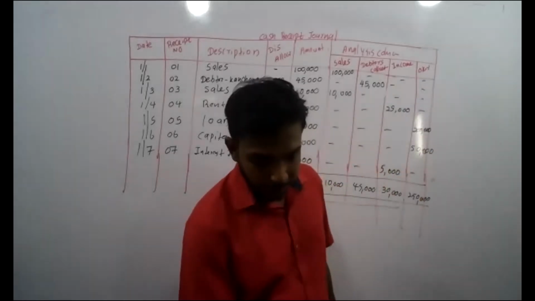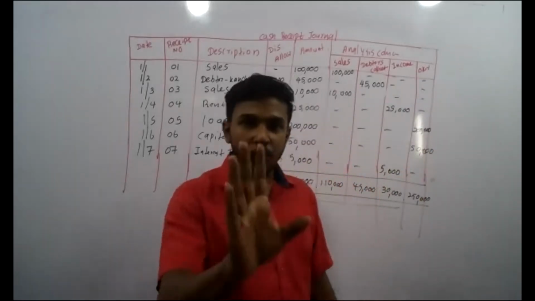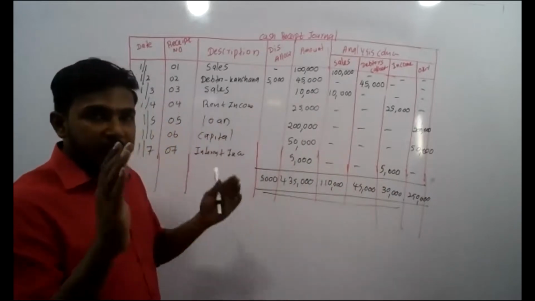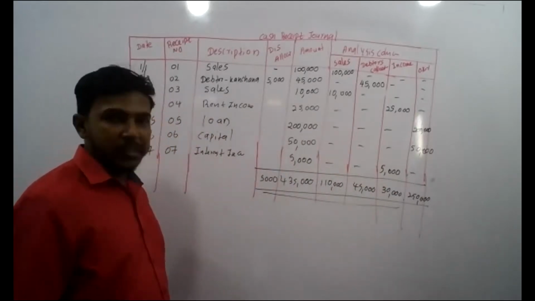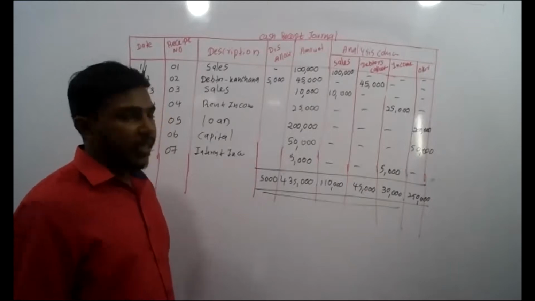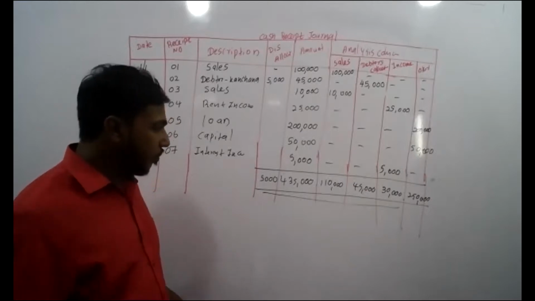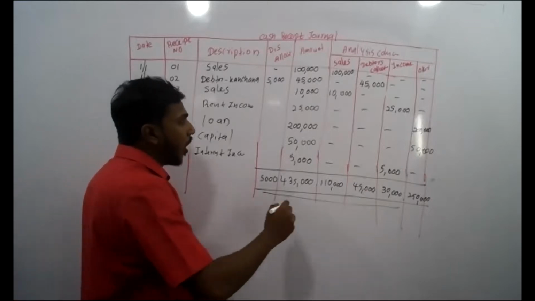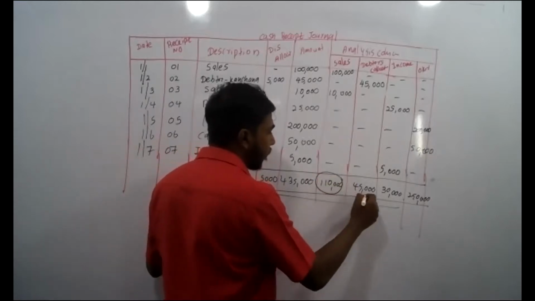That's right. So now we'll see how we are going to take this for the ledger accounts. Keep it in mind, for the ledger accounts, you update the totals of these two.